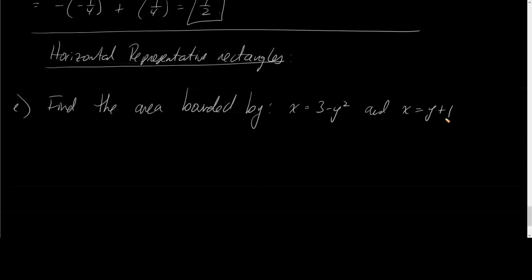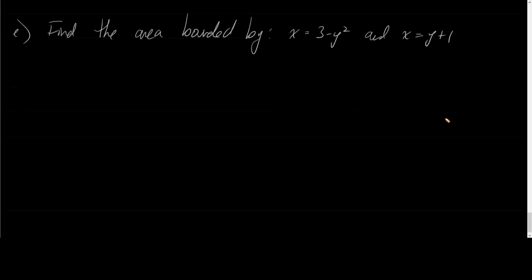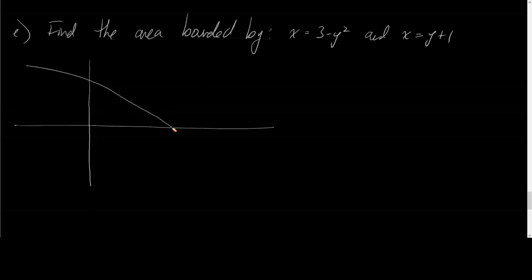All right. So in here, we're going to start this the same way, but this time I'll give you the visual first, just so you can get an idea of what's going on here, right? So I've got 3 minus y squared. 3 minus y squared looks like this, right?